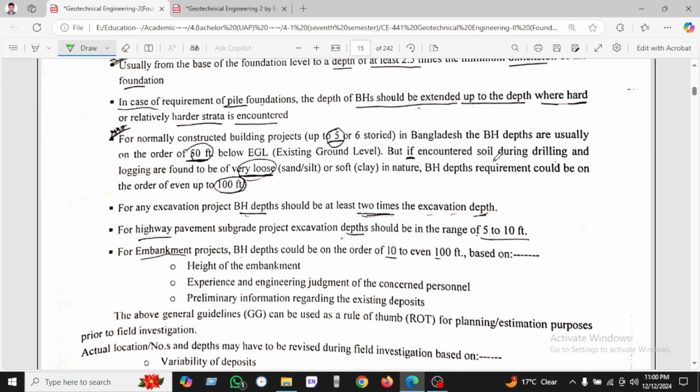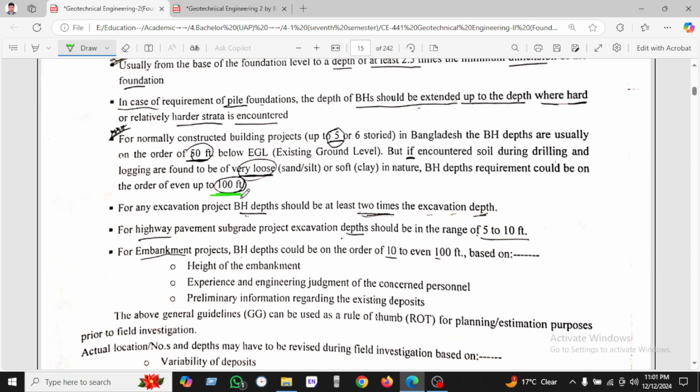But if the encountered subsoil during drilling and logging is found to be very loose, where loose means sand and silt, and soft means clay in nature, the borehole depth required could be on the order of even 100 feet. So this is our provision of code BNBC or ASCE 7 or other codes as required for 100 feet boreholes.